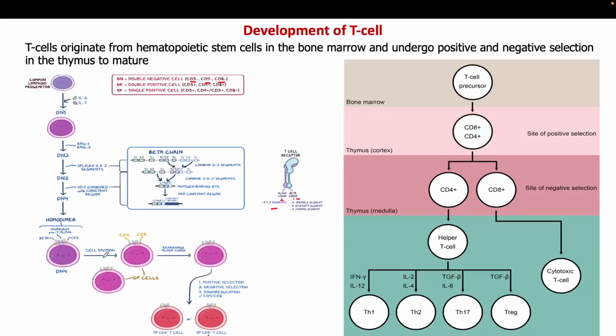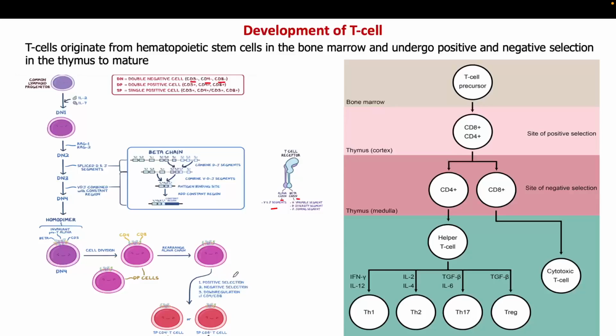Okay, so after cell division, it will give you the double positive cell. Double positive cells means it has the receptors for CD8 as well as CD4. Okay, and then again it will rearrange the alpha chain. In case of a double positive cell, it will rearrange the alpha chain as well as the beta chain, and then it will go for positive selection.